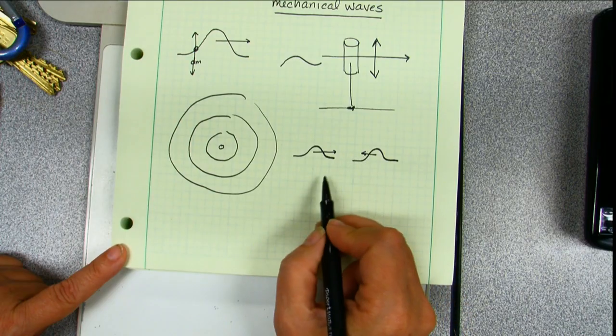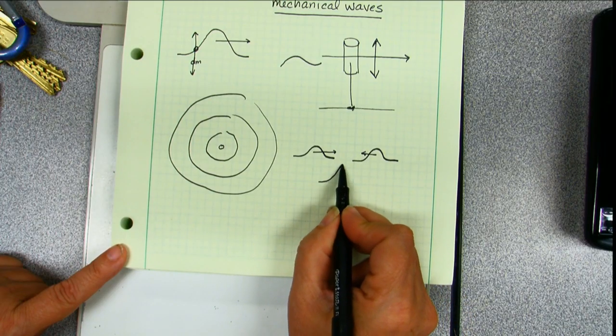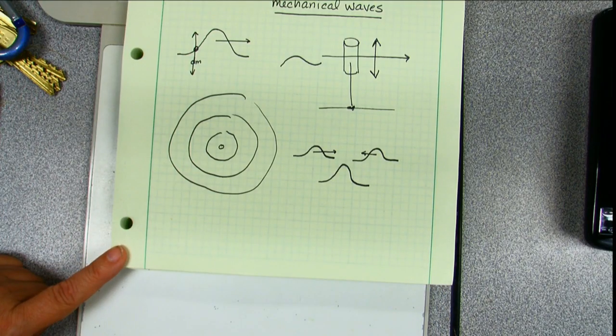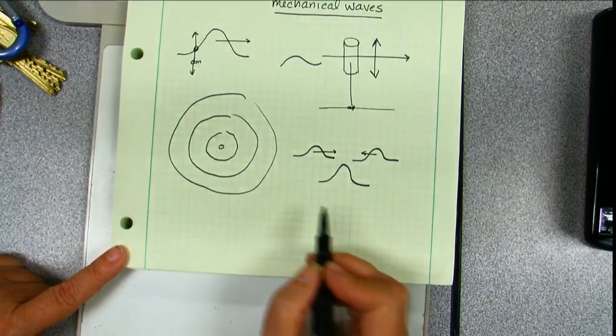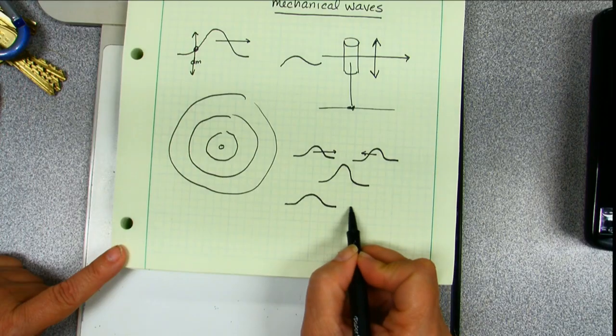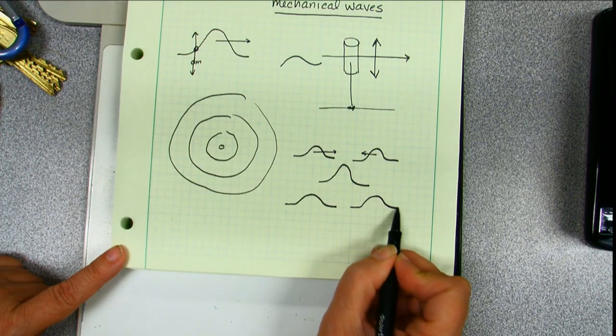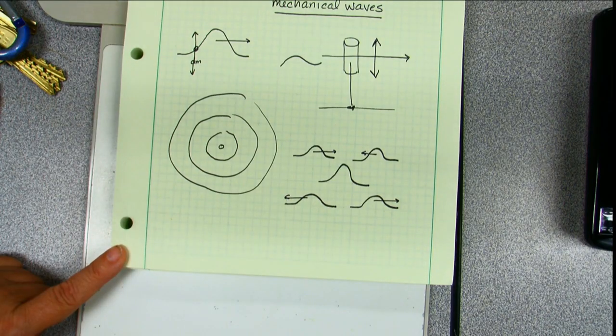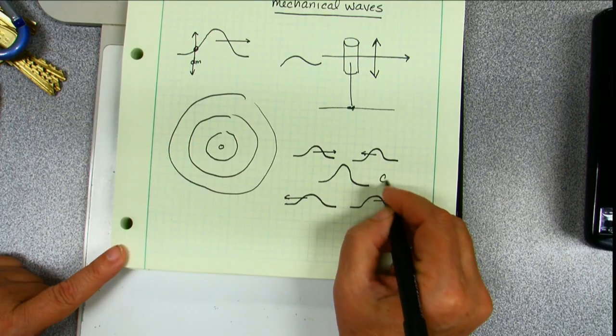As these two intersect with each other, they're going to be additive and they will double up. But at the end, they will pass through each other, and I will have that wave traveling and this wave traveling in that direction. So my waves are additive. This is called constructive interference.